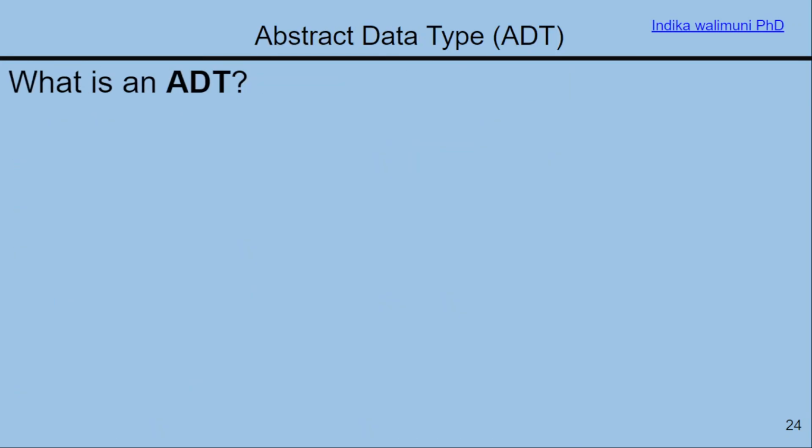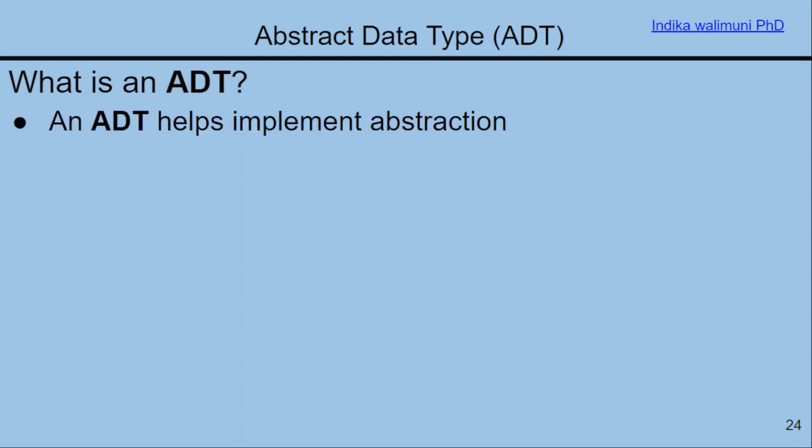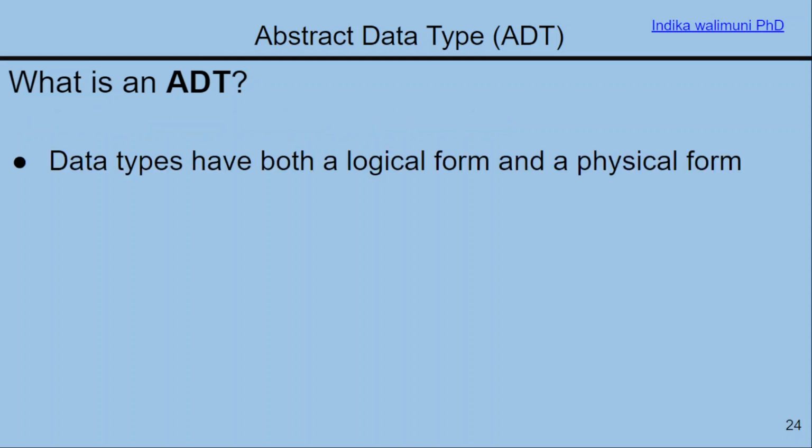All right, so then let's talk about what an abstract data type is in C++. Okay, so an ADT helps us to implement abstraction. The way we do it is, basically, there are two things involved for a data type.